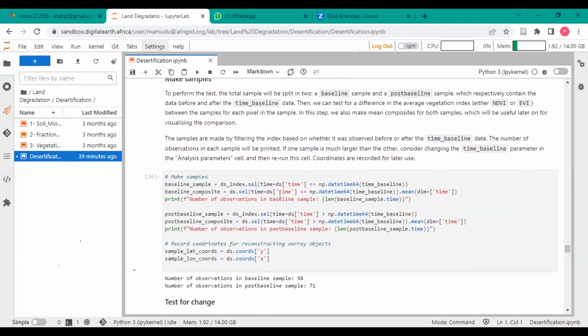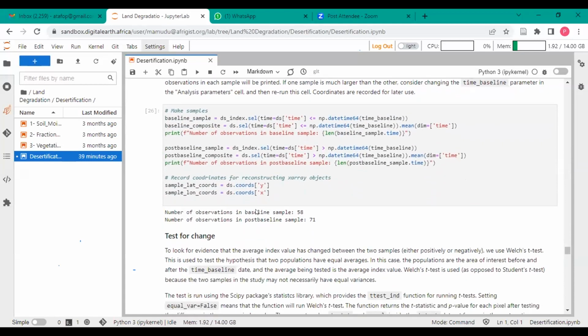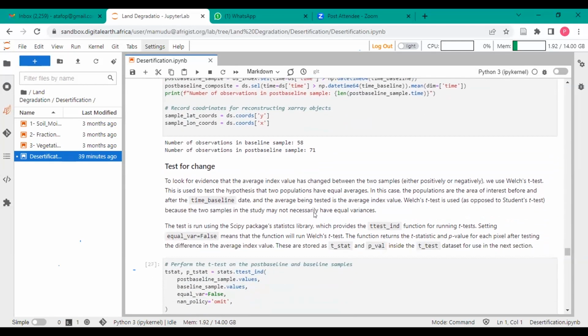Based on that, we selected samples from each of the periods, the baseline period and the post-baseline period. And so we had 58 samples in the baseline period and 71 samples in the post-baseline period. Basically just points in those periods where we are going to compare if there have been any changes.